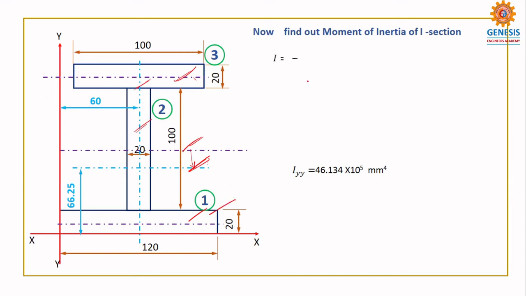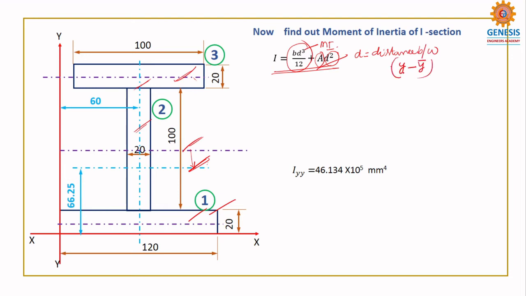Now, I is the moment of inertia about the centroidal axis, A is the area, and d square, where d is the distance between the individual section and the composite section, that is y minus y bar.